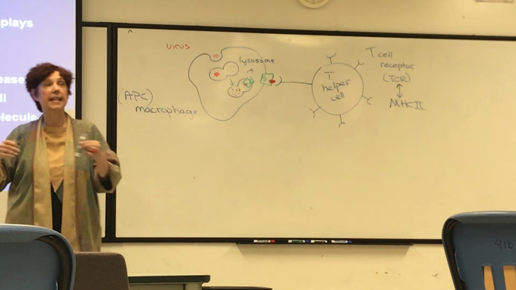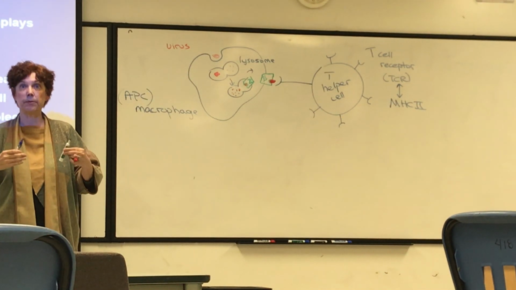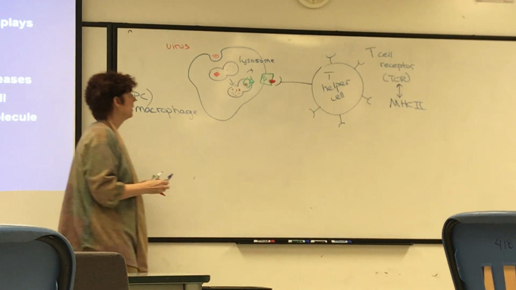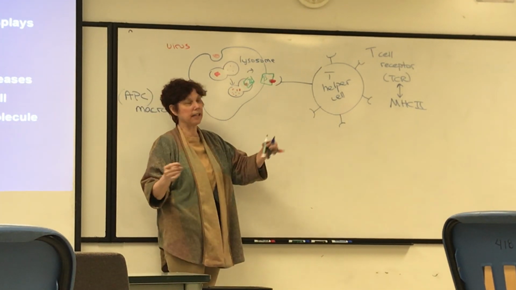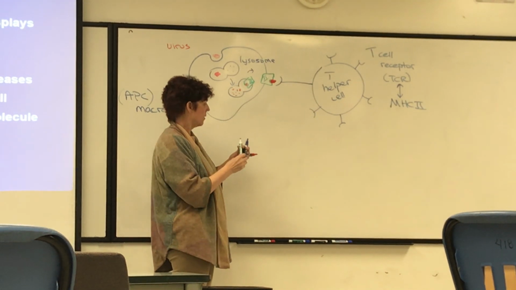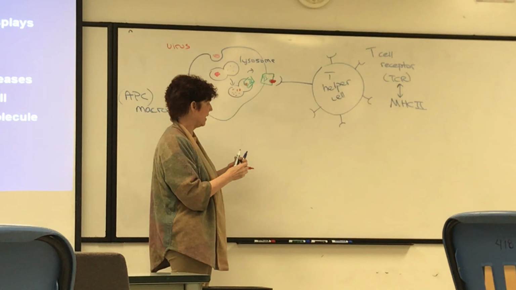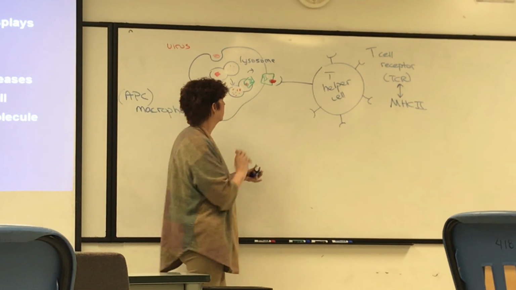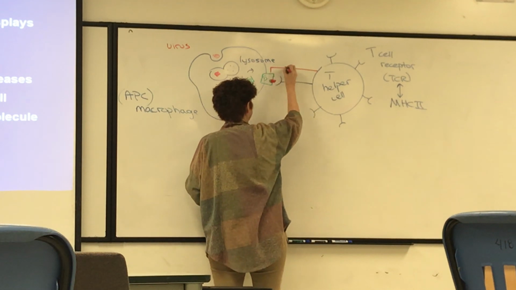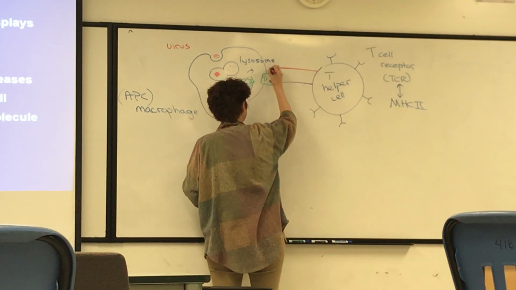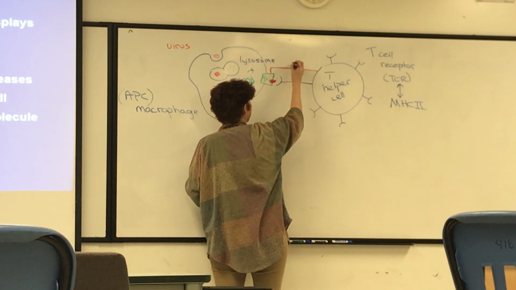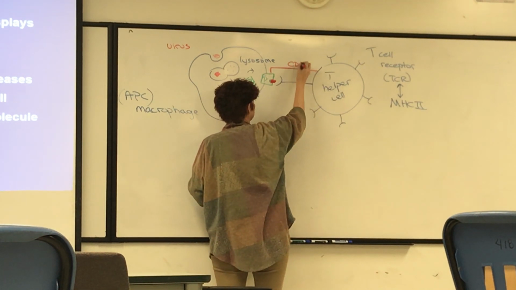When we get to the T killer cells, they only react with MHC class I. Okay? So a T killer cell will never interact with an MHC class II. So this molecule is stabilized by several different intracellular proteins. The only one of which you have to know, for exams anyway, is the CD4.